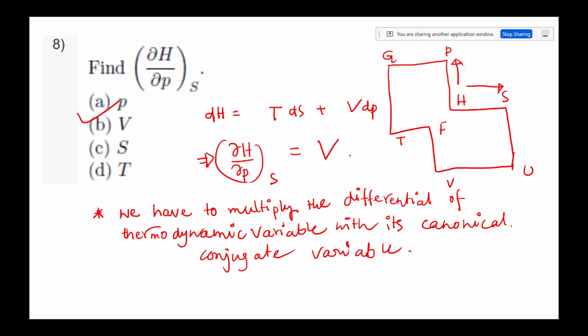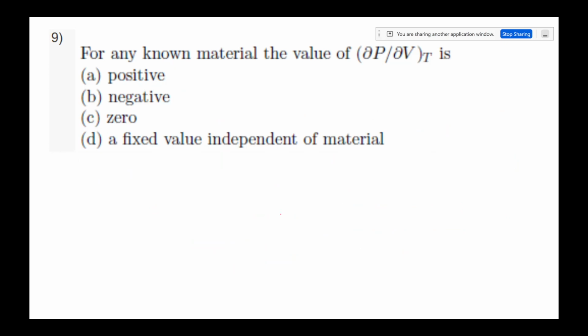Okay, that is the case. Now this one, sir. For any known material, the value of del P del Vt, what is that value? Now del P del Vt, what does it mean?